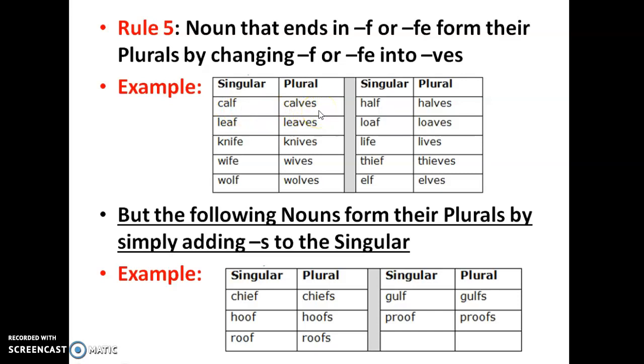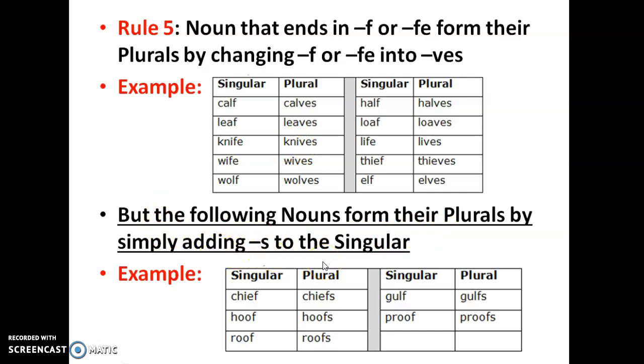Okay. So next example we will see knife. K-N-I-F-E. It's ending with FE. Then also you will remove FE and we will write the plural as K-N-I-V-E-S, knives.